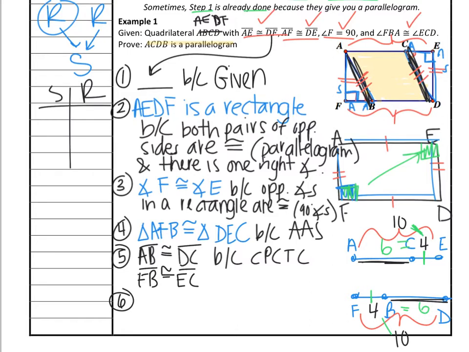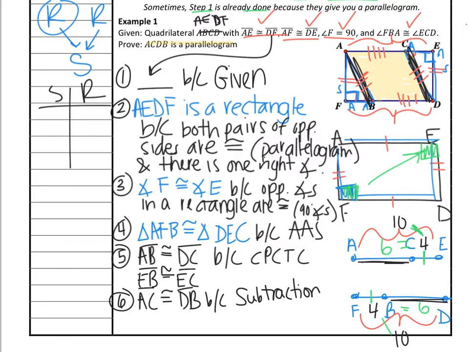Step 6 says that we want to show now that AC is congruent to DB, and this is because of something called the subtraction property. So I'm going to mark that on my picture. I think we're at 4 hash marks now. It could be 5 because I didn't mark FB congruent to CE.